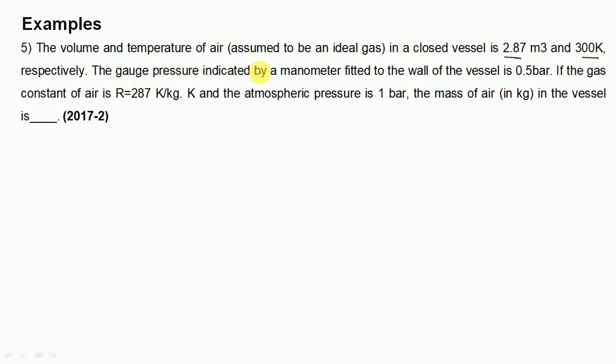The gauge pressure indicated by a manometer fitted to the wall of the vessel is 0.5 bar. Here gauge pressure is given, and if the gas constant is 287, so here the value of R is given as 287.